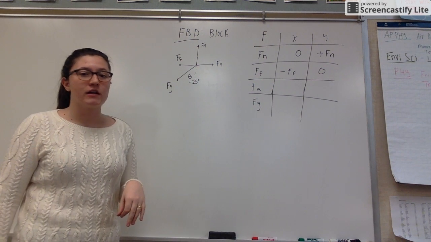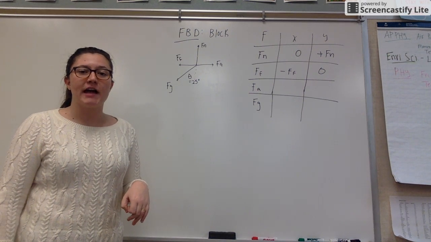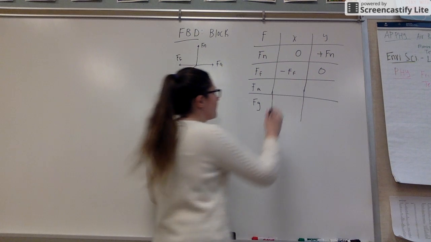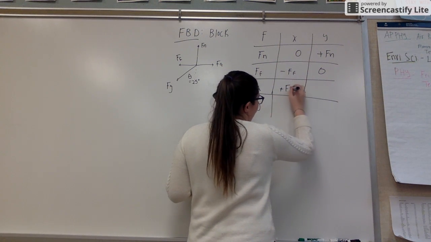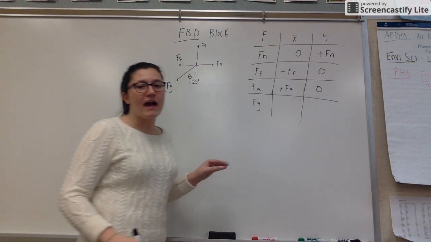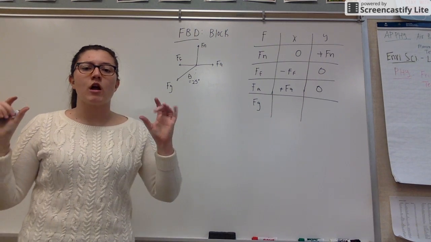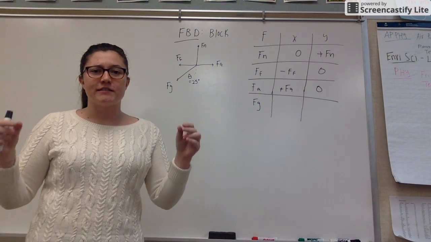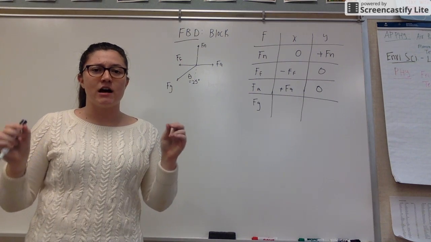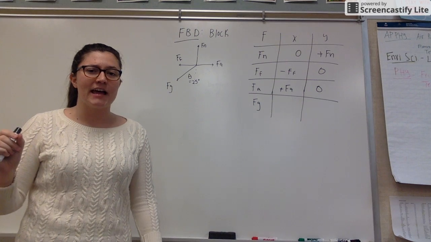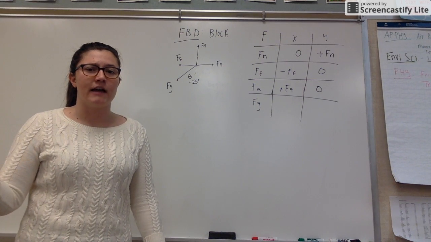The third force is going to be force applied, positive in the x, 0 in the y. Our force of gravity has two components, an x and y component. When we're on an incline, remember x is usually cosine, but on an incline, for the x we're going to use sine of the angle of the incline.